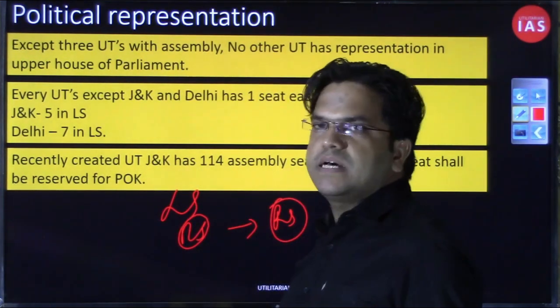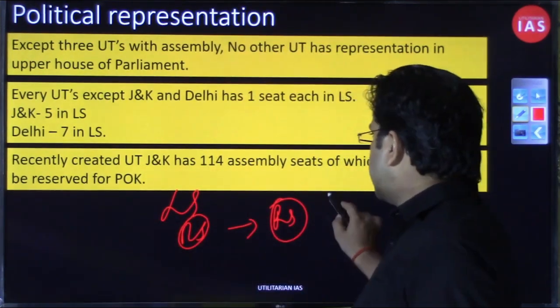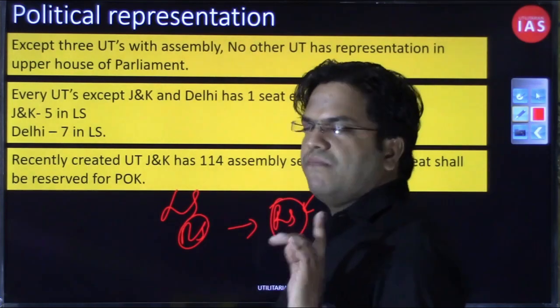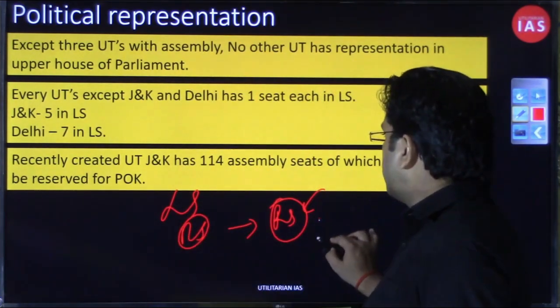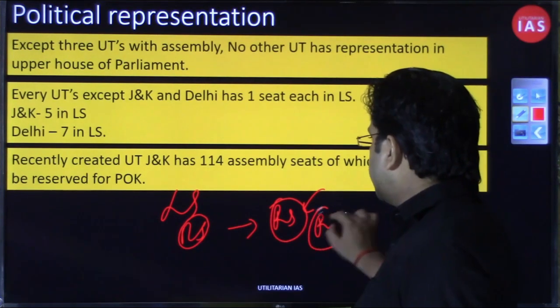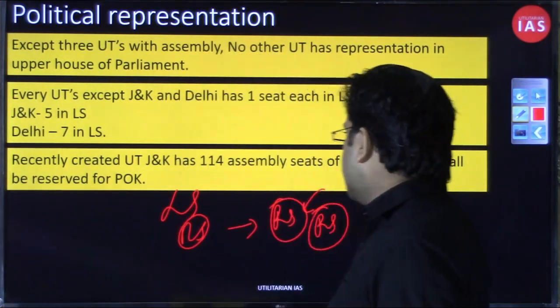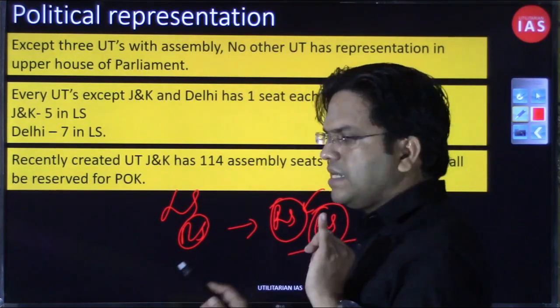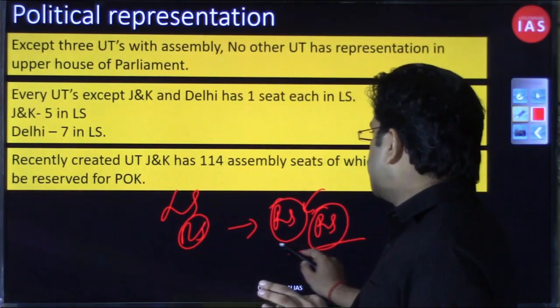Rajya Sabha members are elected by the MLAs belonging to these assemblies. Because the 5 union territories do not have assemblies, they cannot have representation in the Rajya Sabha. So only these 3 union territories, NCT of Delhi, Jammu and Kashmir and Puducherry, have representation in the Rajya Sabha.